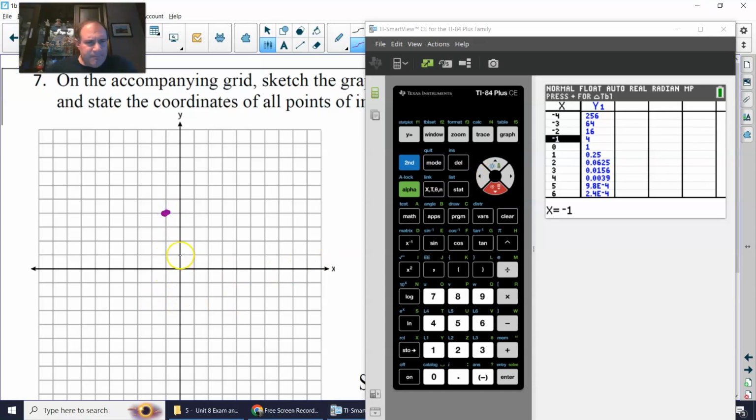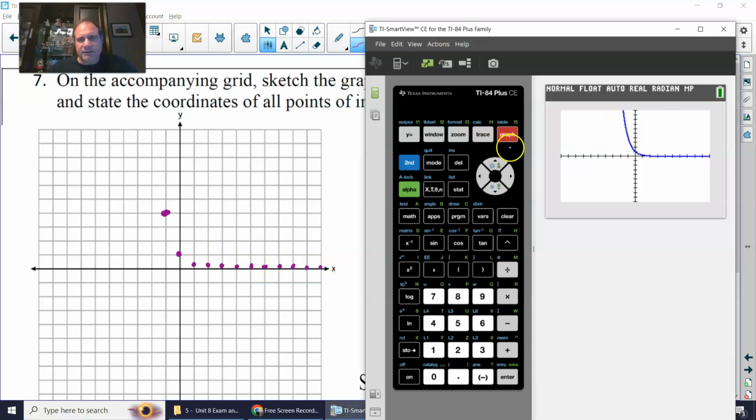0, 1, right here. 1, 0.25, right here. And I'm just going to go like that, ever so close. Just like that. And that's my graph. Right? So I'm going to just gradually curve it, just like this part.